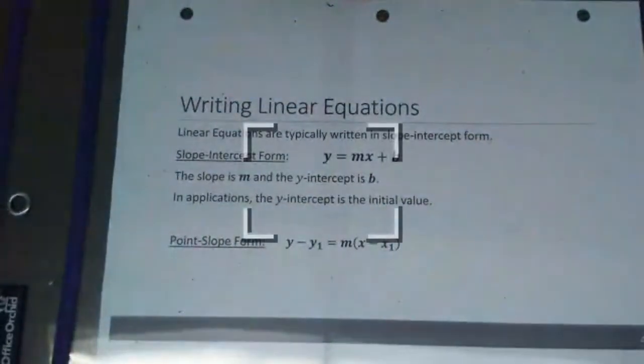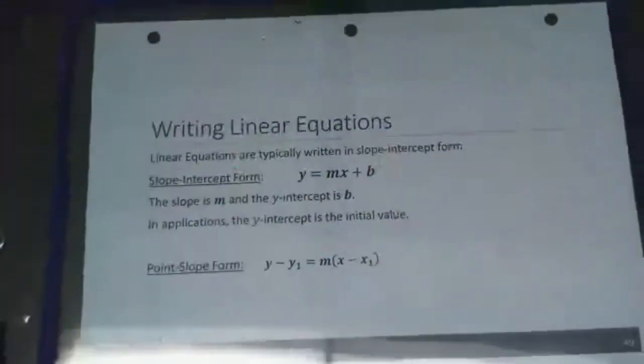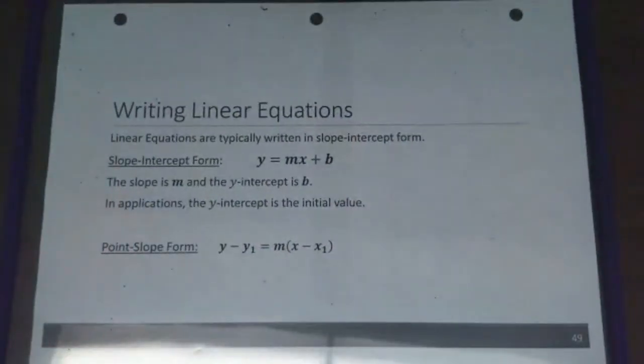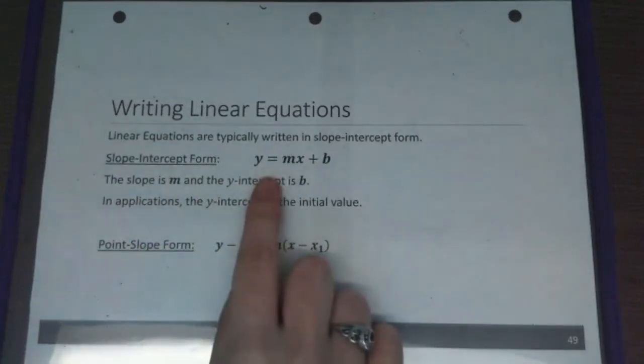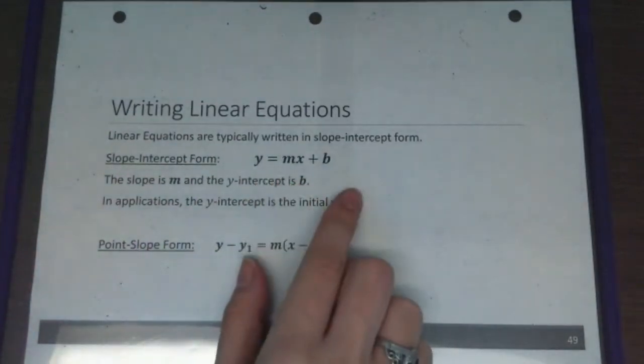So now we're going to get into writing our own linear equations. We've talked about slope, but there's another important piece to this equation. Pun totally intended. We typically write linear equations in slope-intercept form. This is our favorite form because it gives us a whole lot of information all at once. Slope-intercept form is the form y equals mx plus b.